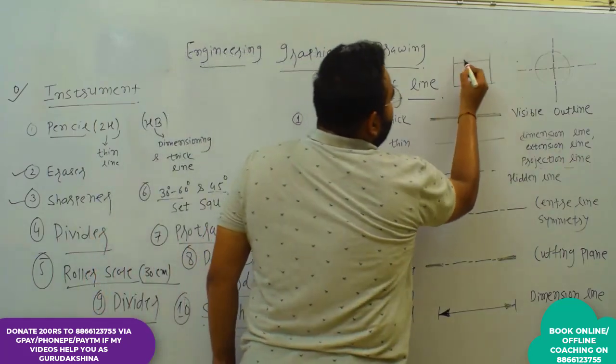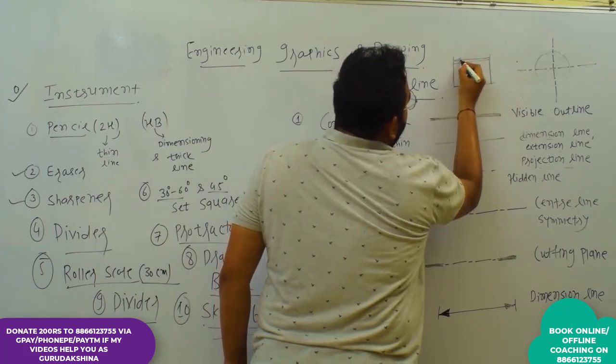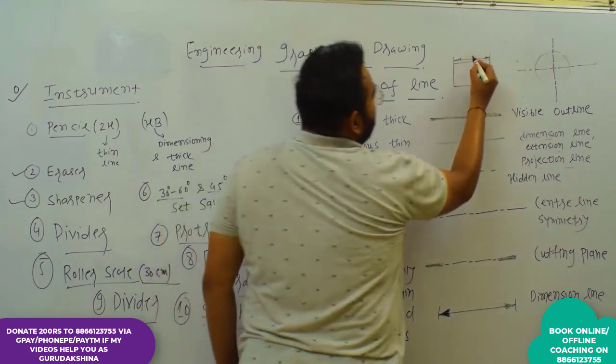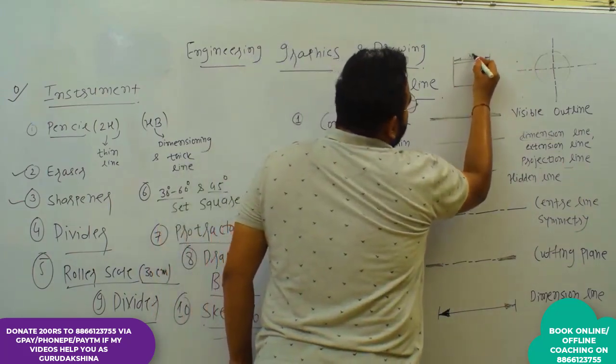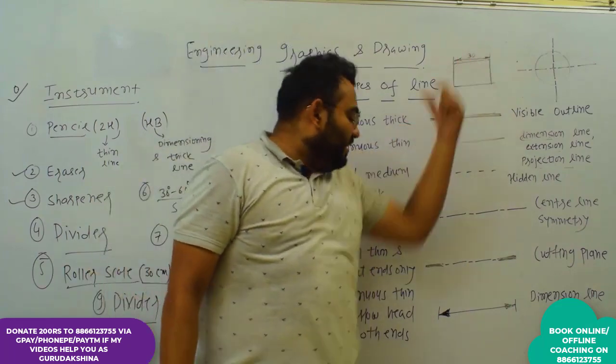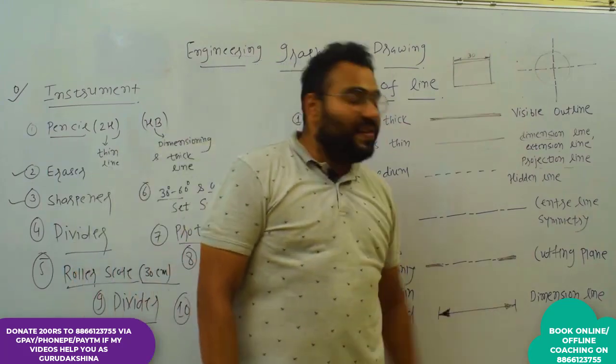So this much. Then we will draw this line like this, and then we will show an arrow at both the ends like this. So it will become a dimension line. And now I will write 30 over here. So it is the size of 30 mm. So this is known as dimension line: continuous thin and arrow at both the ends.